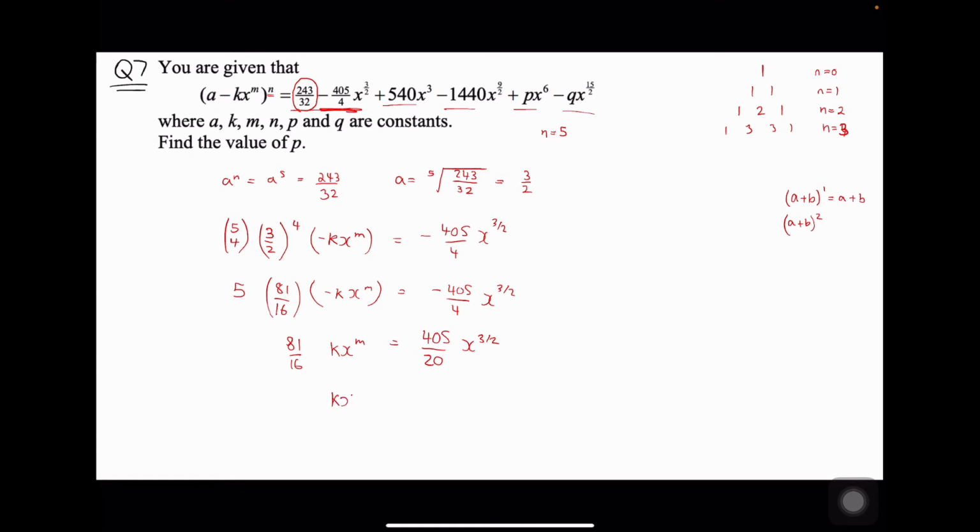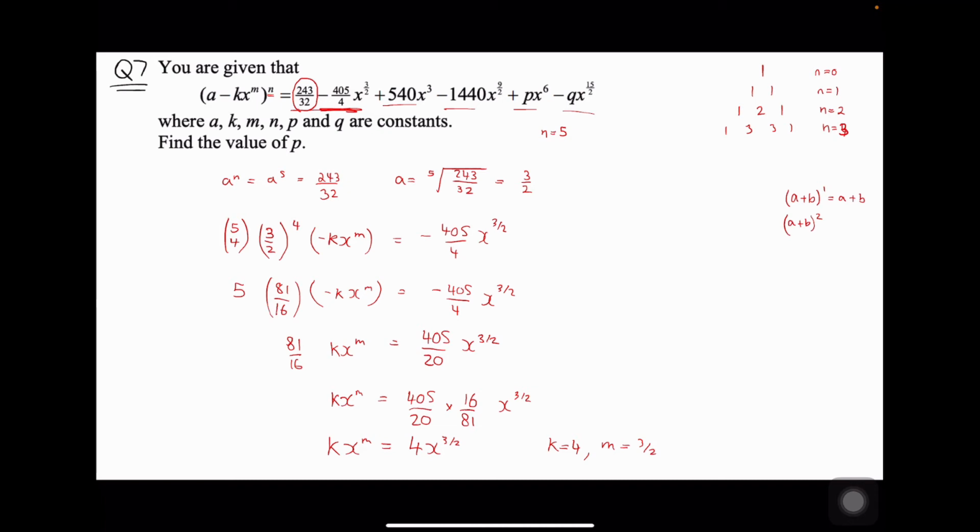So kx to the m equals, multiplying these two fractions together gives us 4. And so k equals 4 and m equals 3 over 2.